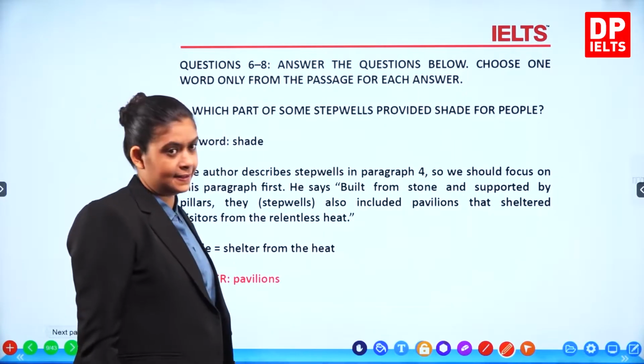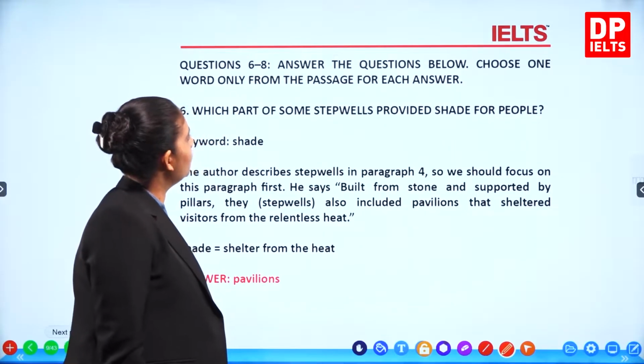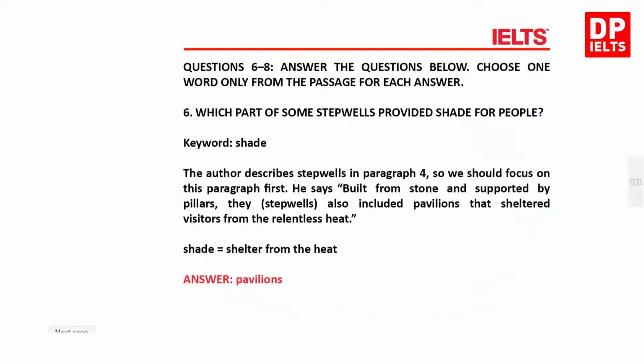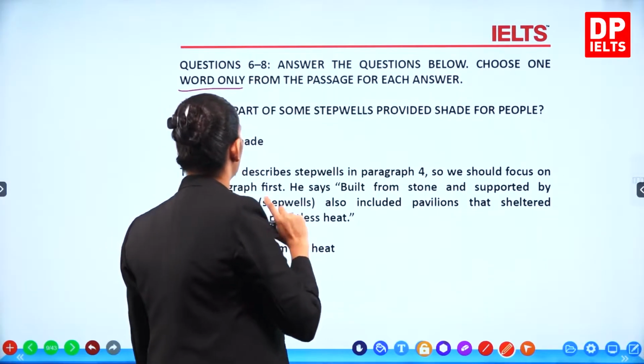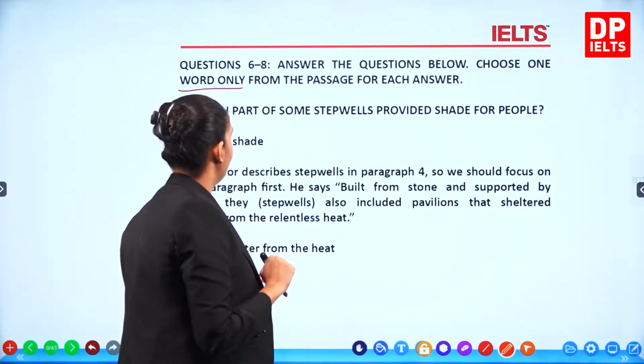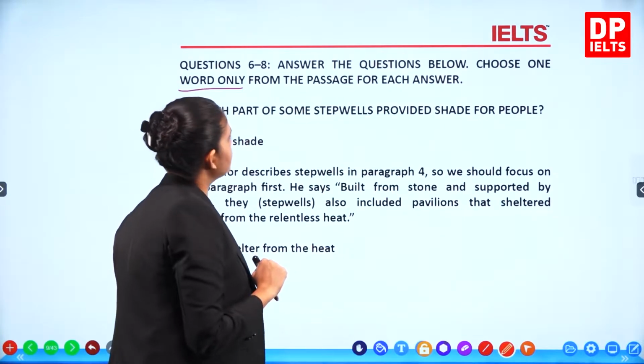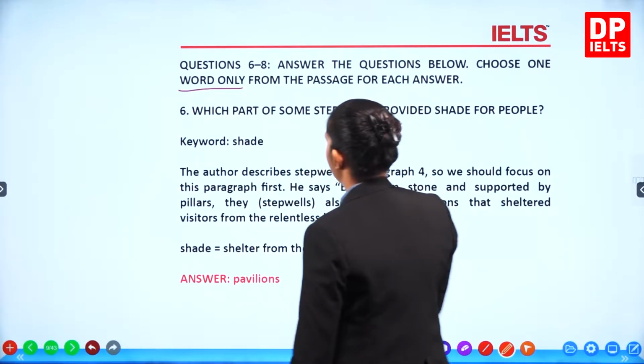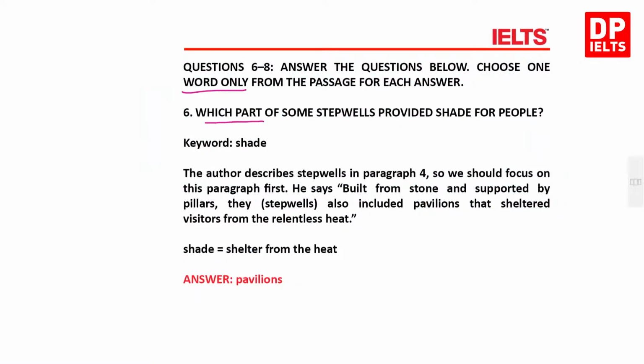Number 6. Answer the questions below. Choose one word only from the passage for each answer. Question number 6. Which part of some step wells provided shade for people? The author describes the step wells in paras 3 and 4.